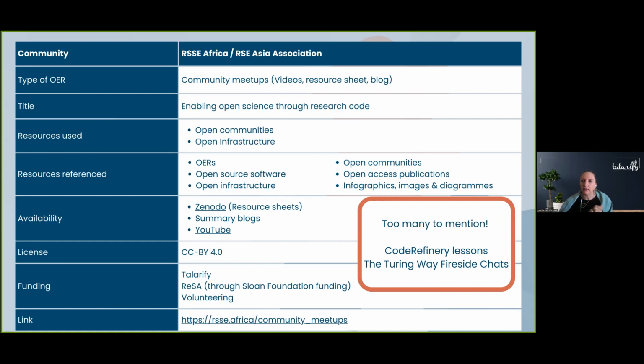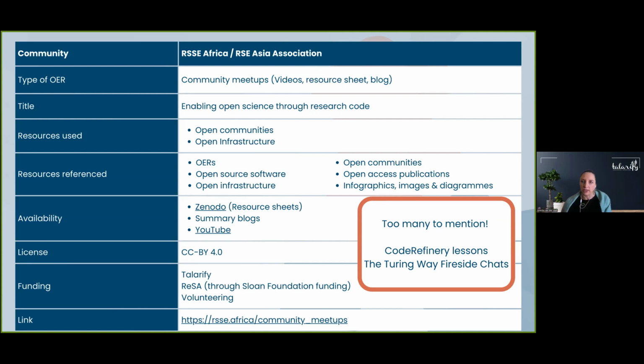And then to make the content more accessible, Ineke was also pointing to creating blogs as open educational resources. We summarized these conversations in blogs. So someone who didn't participate in the session could go to the blog to see what content was shared. Is it of interest to them?